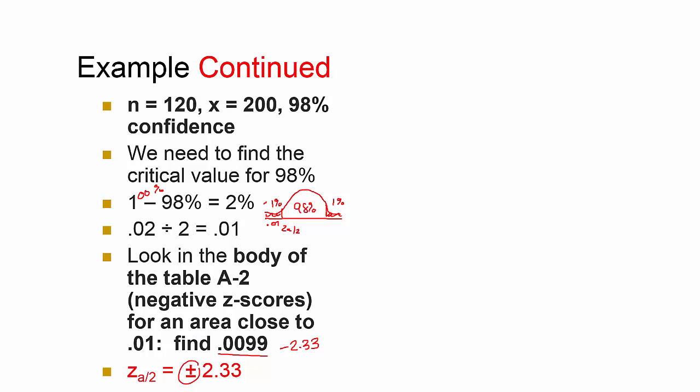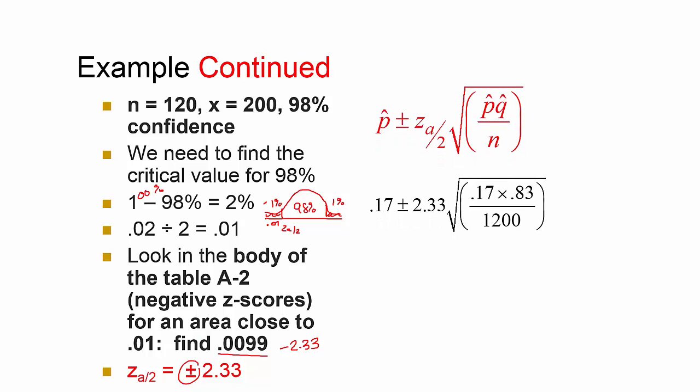Now for the formula, we don't substitute plus and minus into it, we just use the positive critical value. Okay, so my margin of error is going to be 2.33 times the square root of 0.17 times 0.83 divided by 1200. So the margin of error is 0.025.